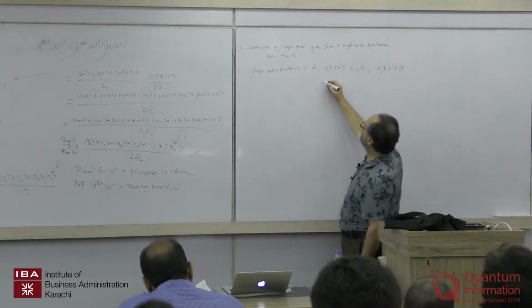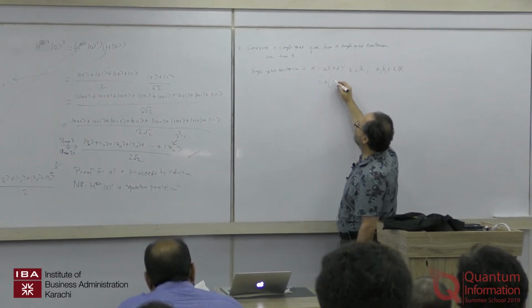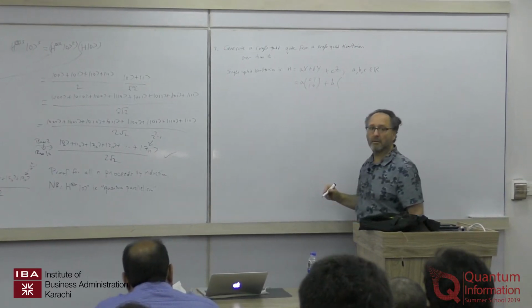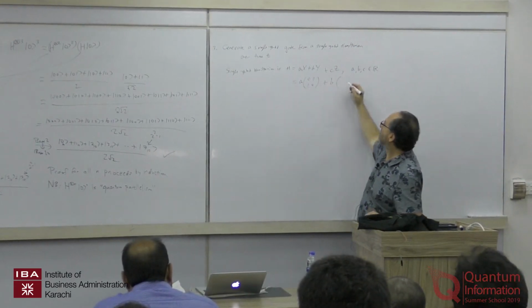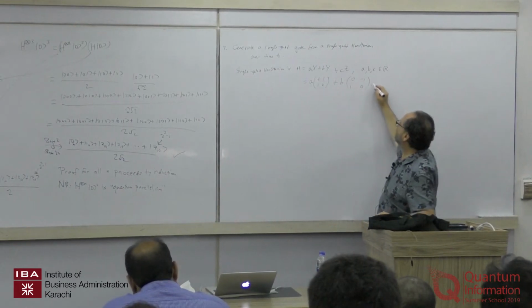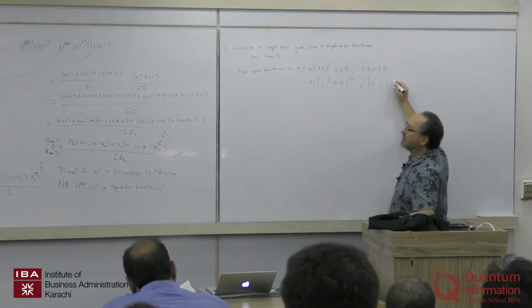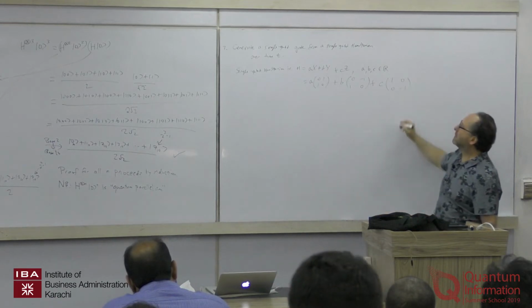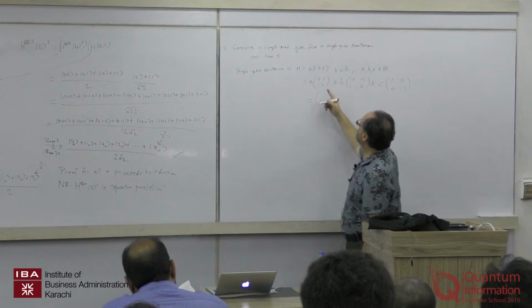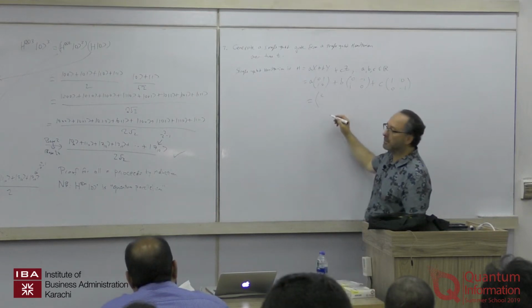So this is equal to A, 0, 1, 1, 0, plus B, 0 minus I, okay, and C, great, which we can write in a single matrix as, so C, what should I write here?